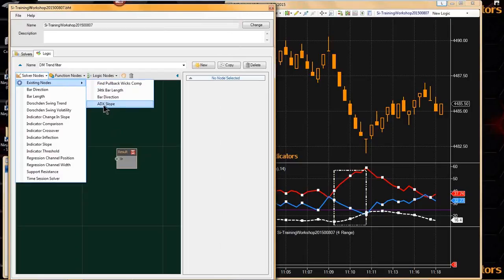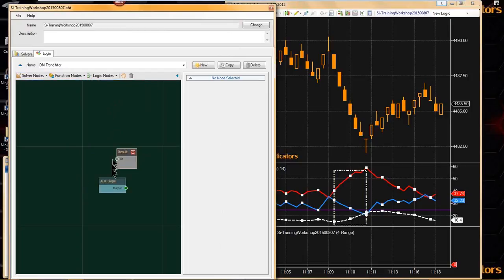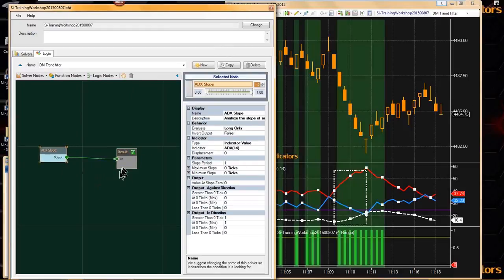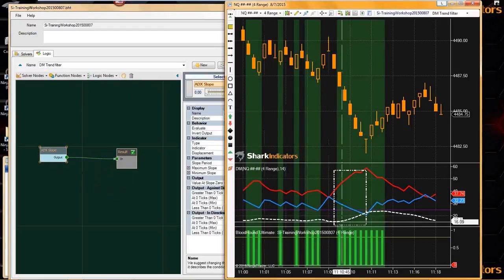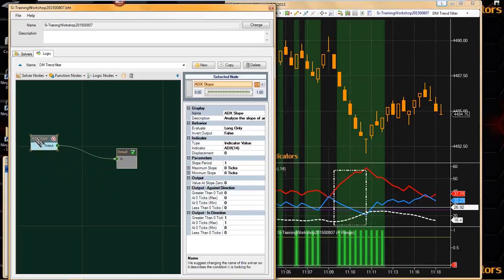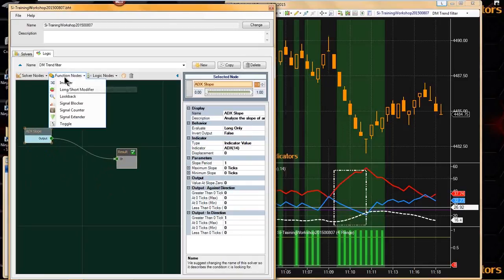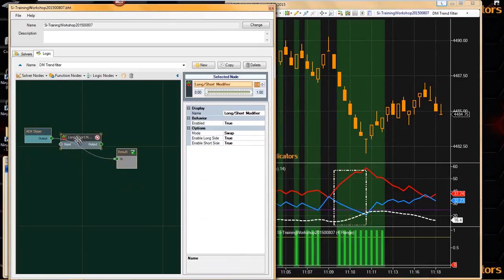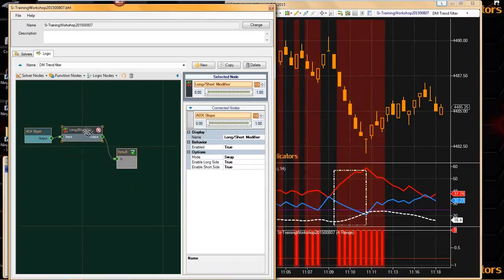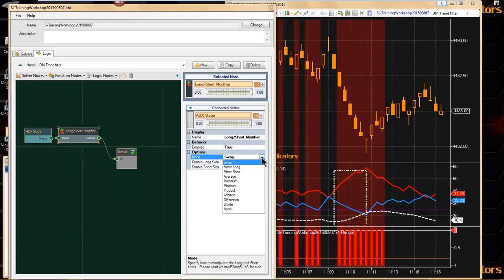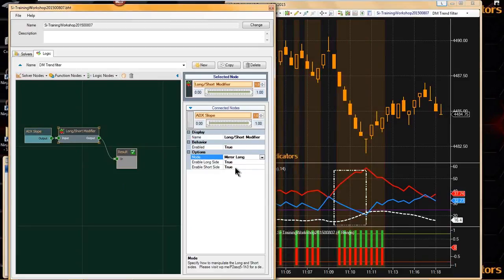I've got this ADX slope solver that's identifying when the ADX is sloping up, and so I just need to grab another function node and set the mode back to mirror long like we had it before.